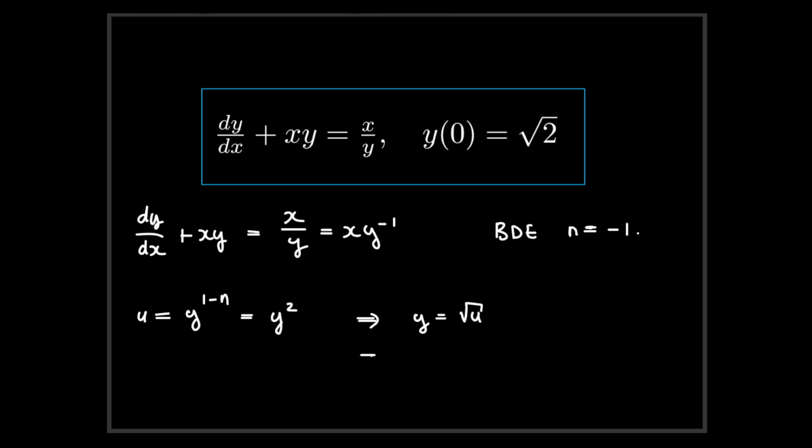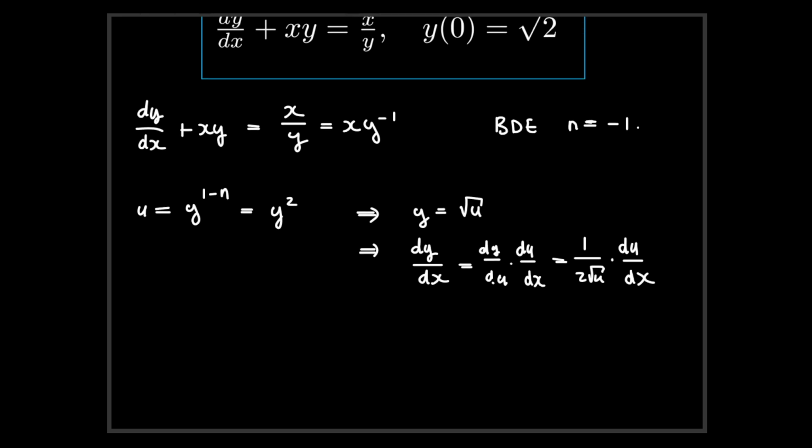And this means that dy dx, just as we did in the previous example, we had to solve for what is y and also what is the derivative of y with respect to x in terms of u. We have to do the same here. So it's going to be dy du times du dx, which in this case is just going to be 1 over 2 root u times du dx.